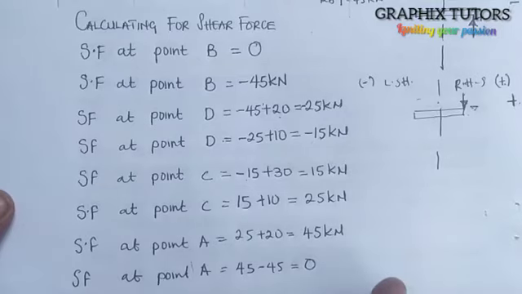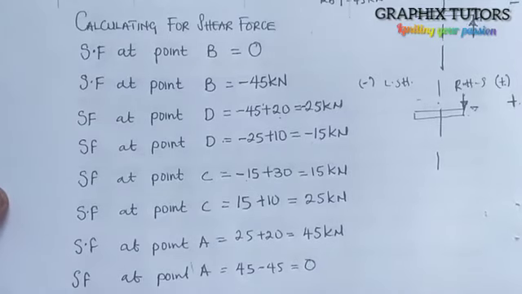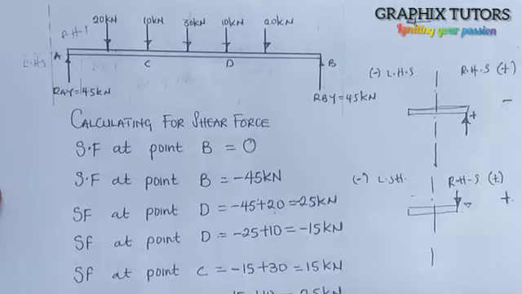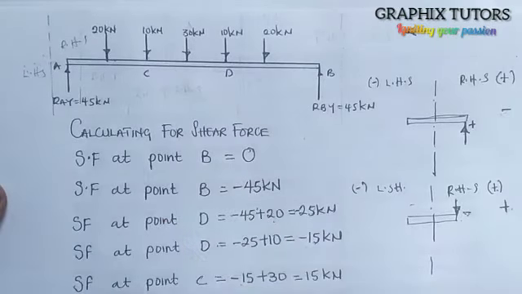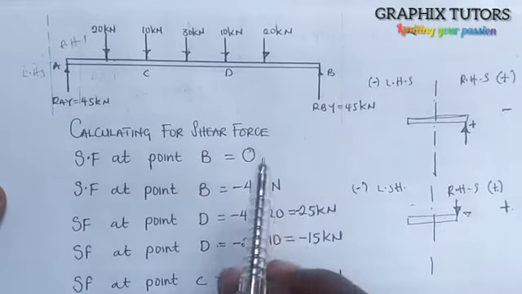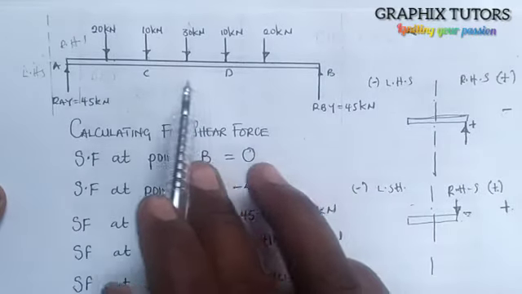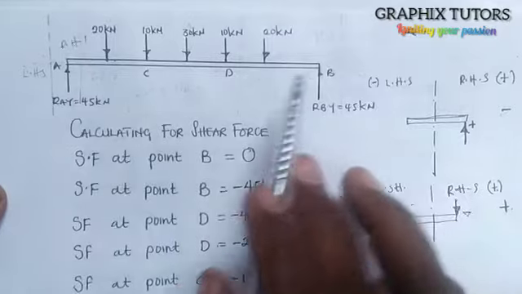So the next thing we'll calculate should be our bending moment. Now before I move to the bending moment, if you notice that I'm always cleaning all the section, it is not necessary you have to clean all the section lines. I'm only cleaning them for you to have understanding of what I mean by the right hand side and the left hand side.